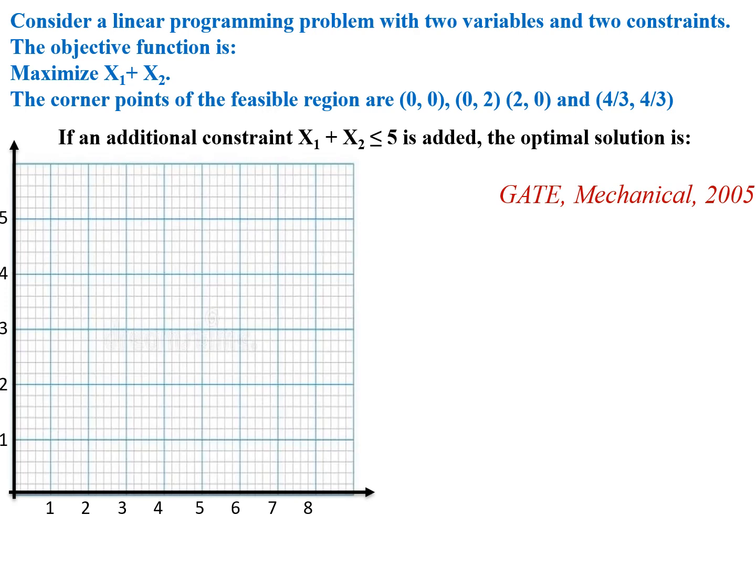First we have to identify the feasible region from the given corner points. The corner points are (0, 0) and (0, 2), another corner point is (2, 0), and another one is (4/3, 4/3), which is nearly 1.3 and 1.3.